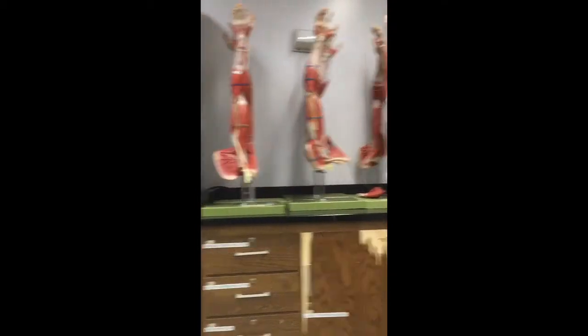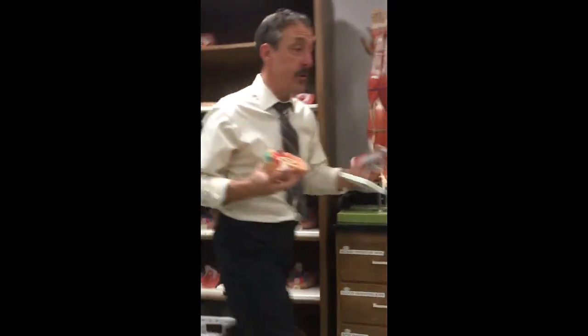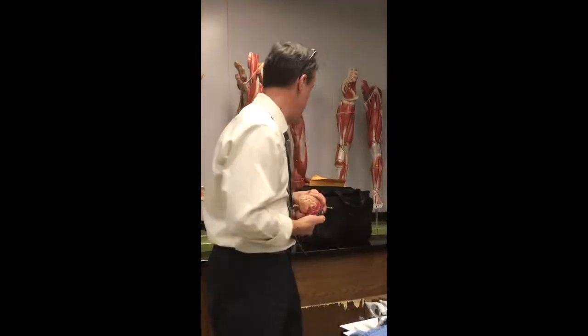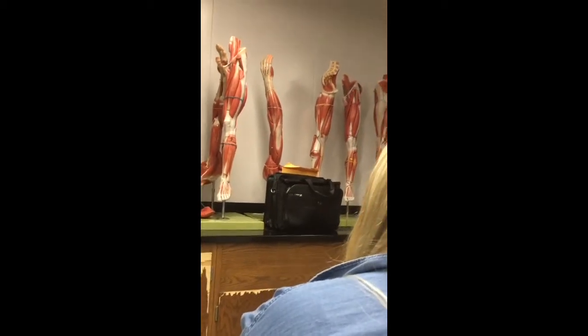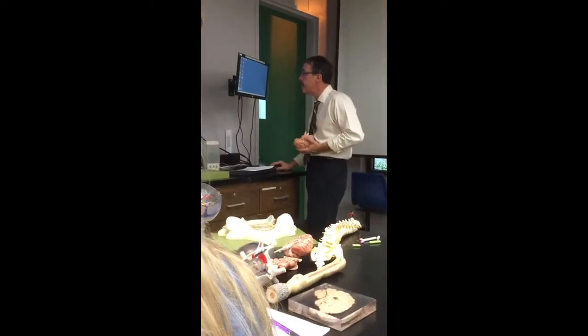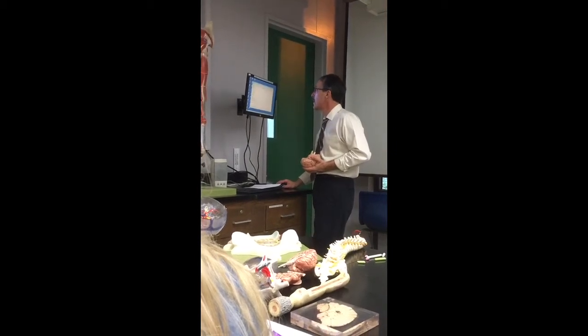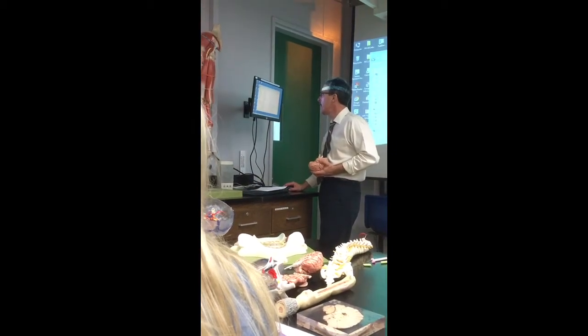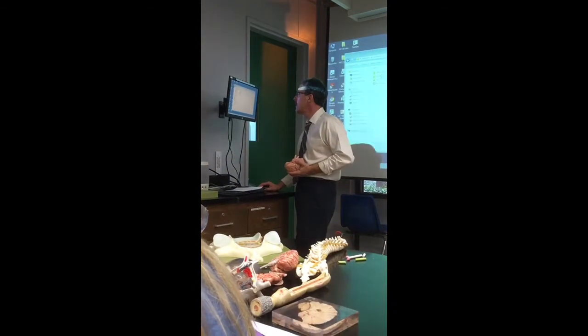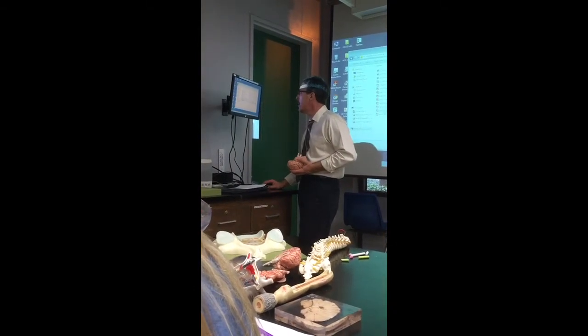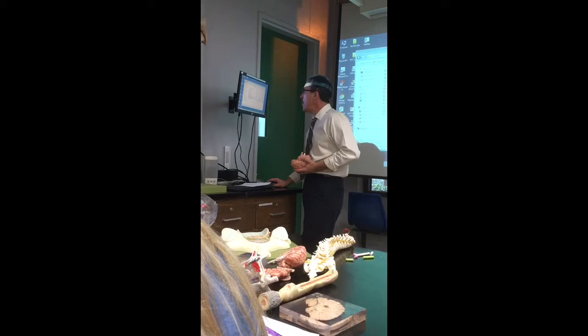So let me give you some perspective as to what this is. The 3 structures that I have so far. I'm going to put this back together for a minute. Show you real quick.